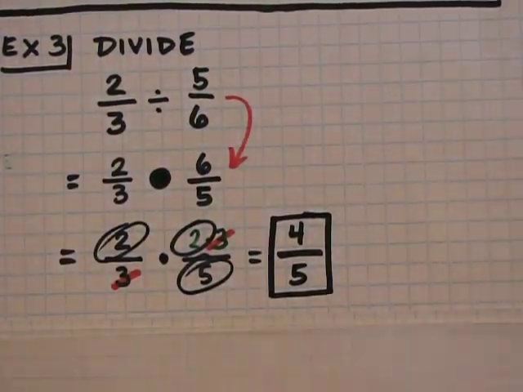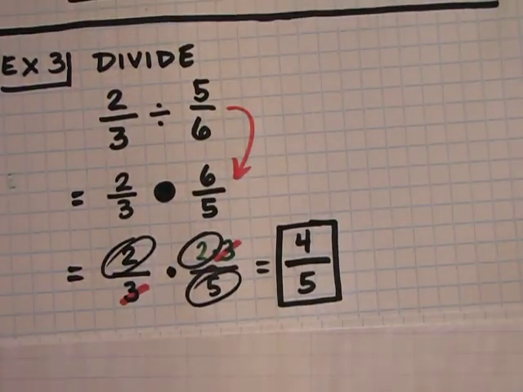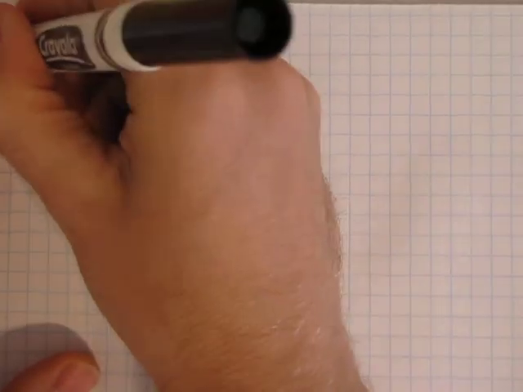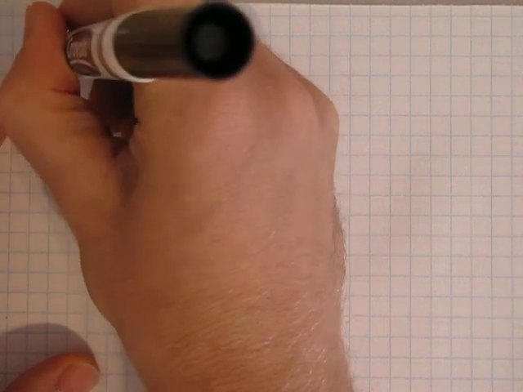Let's now look at an example where we are using polynomials. Example 4, and this will be the last example for today.